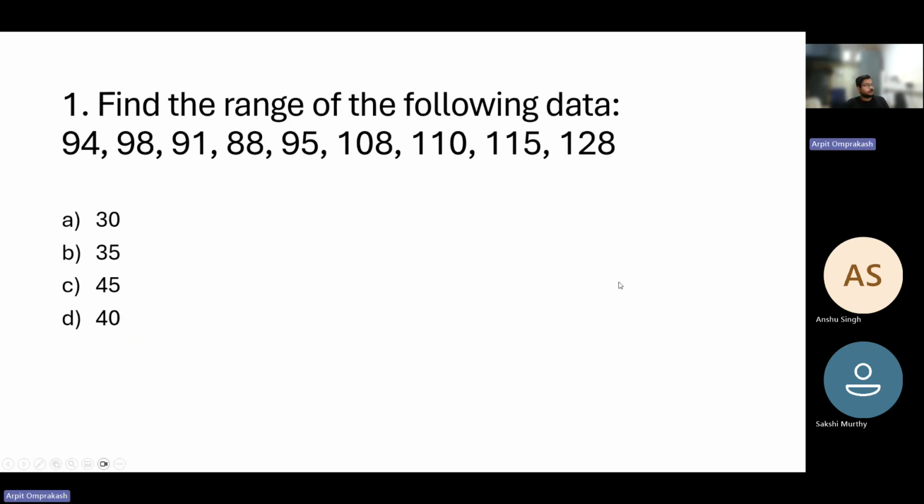So, yeah. The first question is: find the range of the following data. We are given 9 numbers and we are asked to find its range. What we have to do here is first look at which one is the smallest. We have to find basically the minimum and the maximum. Here the minimum value is, I guess, 88 and the maximum value that we have is 128.